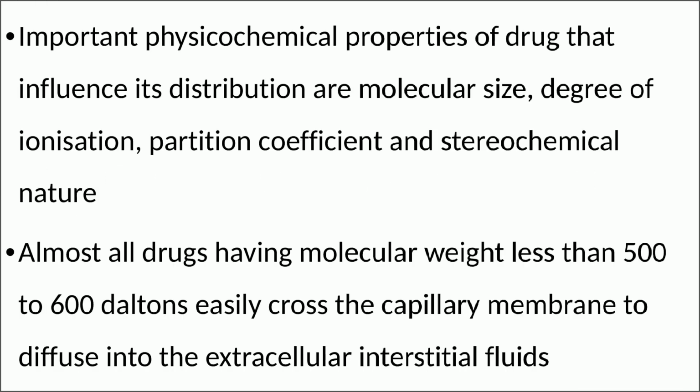Very important physicochemical properties of drug that influence its distribution are molecular size, degree of ionization, partition coefficient, and stereochemical nature. These properties affect the rate and the extent of distribution of drug inside the body.